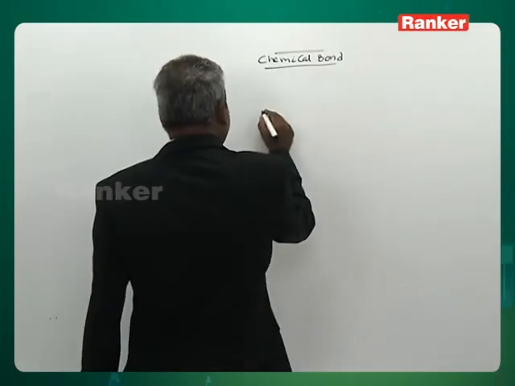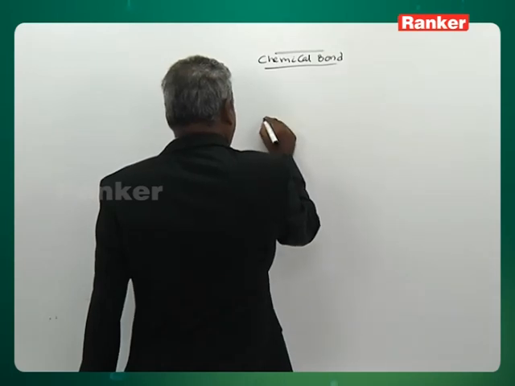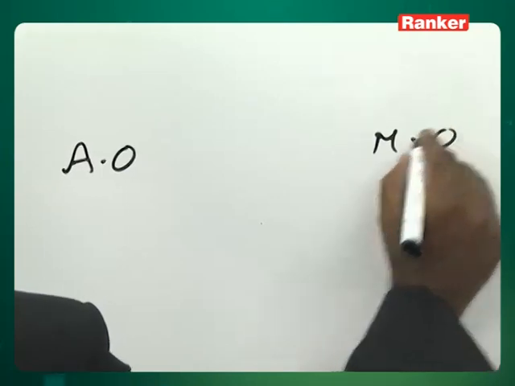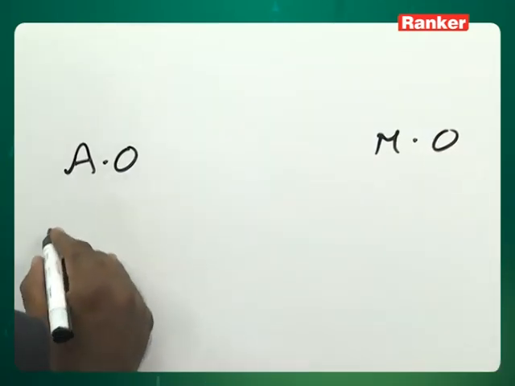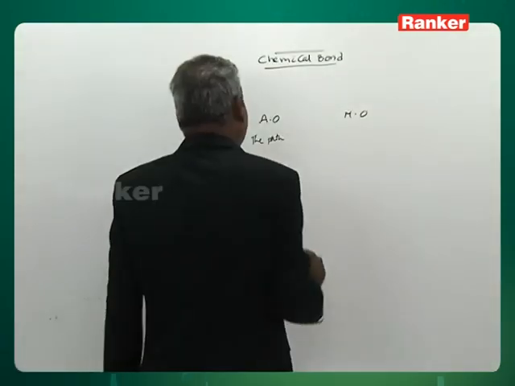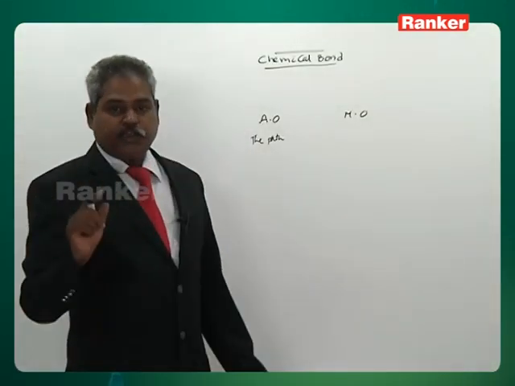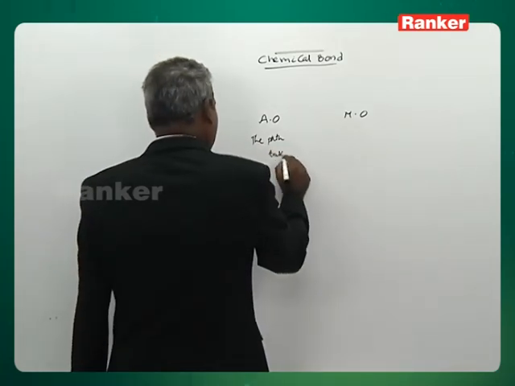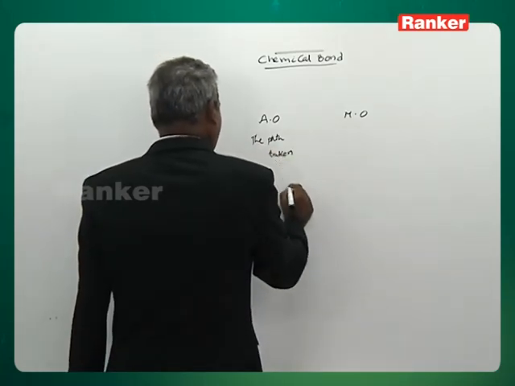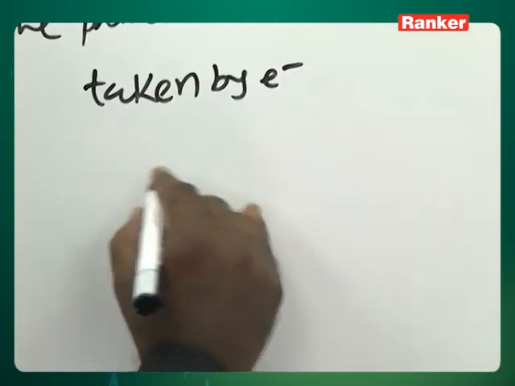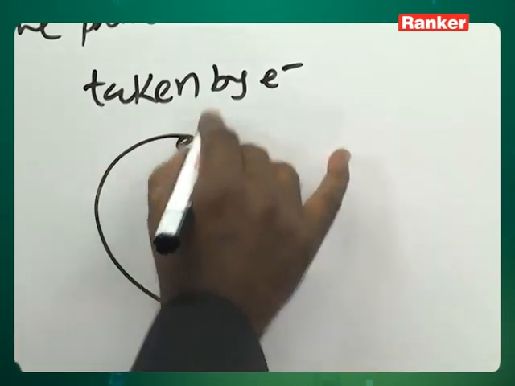The bonding molecular orbital. Okay, what is an atomic orbital? What is the difference between an atomic orbital and a molecular orbital? The region occupied, the space occupied, the path taken by an electron around one nucleus is an atomic orbital.